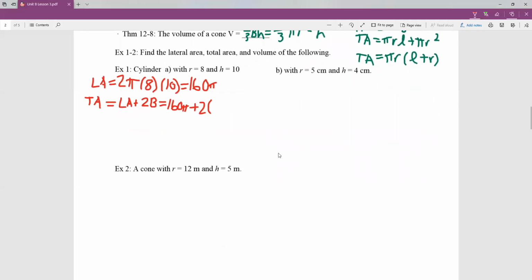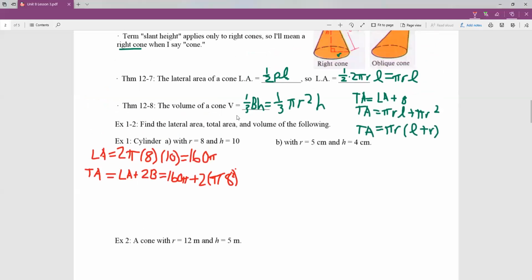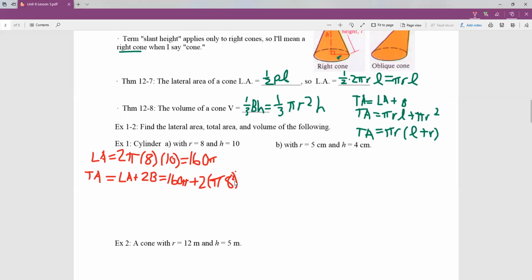So it's just going to be 2 times pi r, which is 8, squared. Okay. So 8 squared, 64. 64 times 2 is 128. So if I add these two together, I believe we are going to get 288 pi.